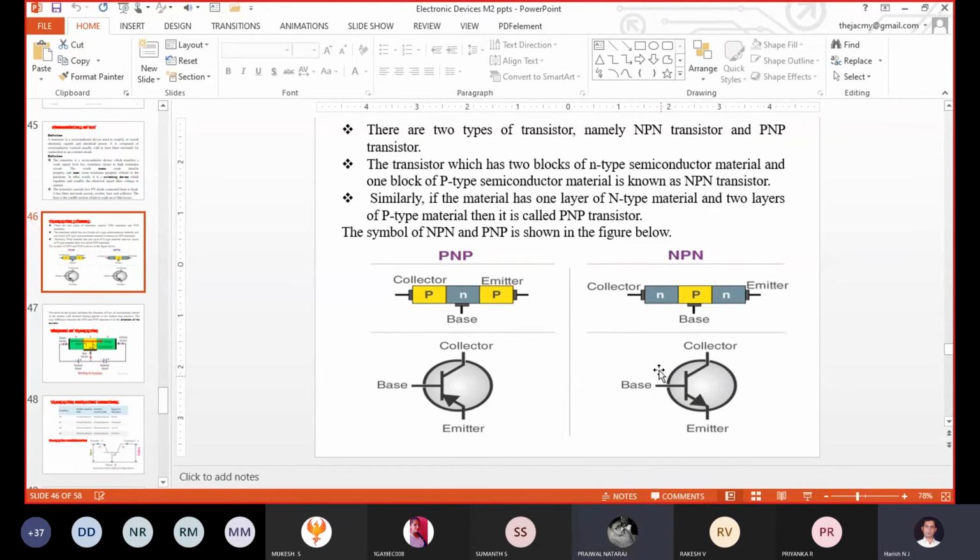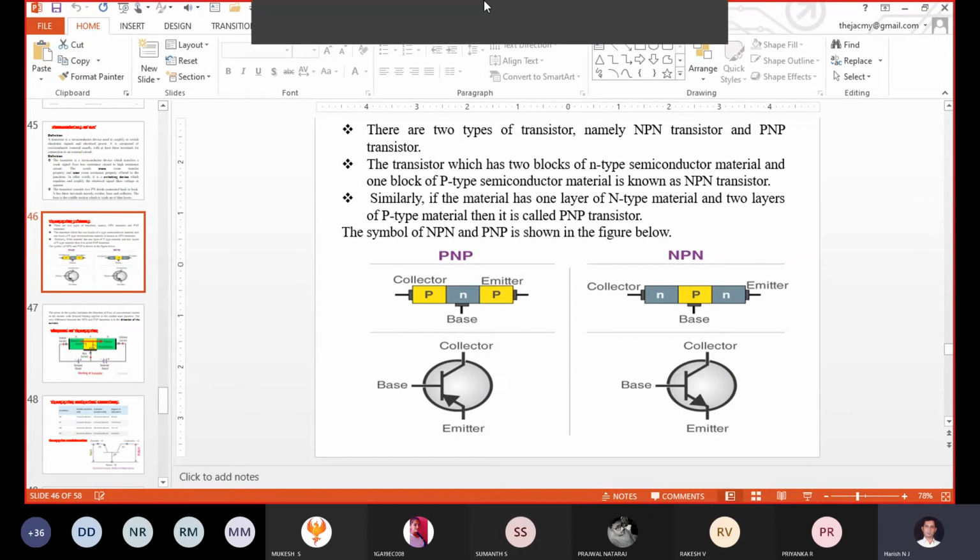Correct. So with respect to the junctions, how are we going to do the biasing of a transistor for getting the function of transistor amplification and the function of a switch?